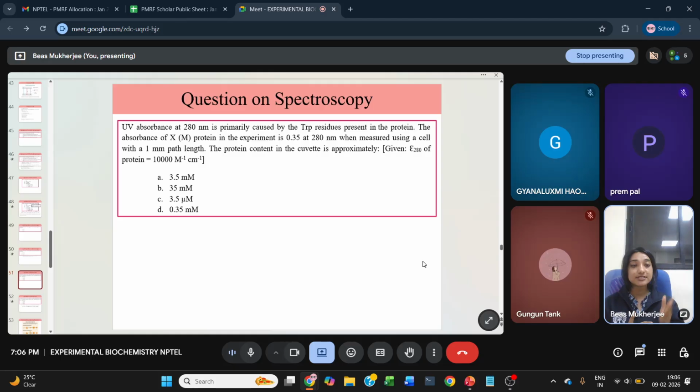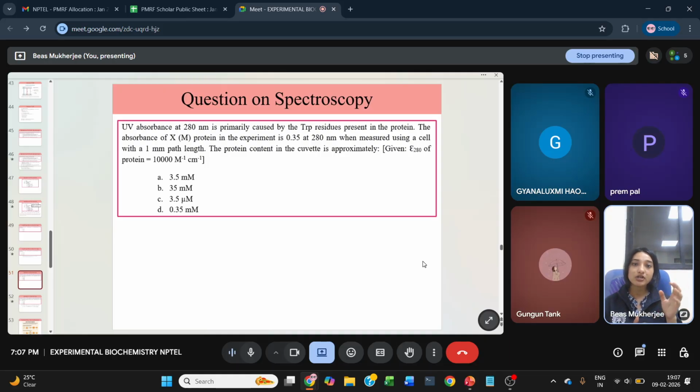Now see, UV absorbance at 280 nanometer. Why 280? Because this is the wavelength at which tryptophan absorbs. So UV absorbance at 280 nanometer is primarily caused by tryptophan residues present in the protein. The absorbance of X molar protein in the experiment is 0.35, measured at 280 nanometer using a cell of 1 millimeter path length.